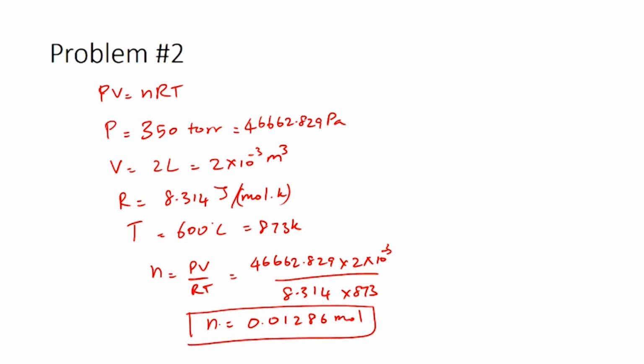The values we have calculated are for the initial condition. For the final condition we know that the pressure is 910 torr.